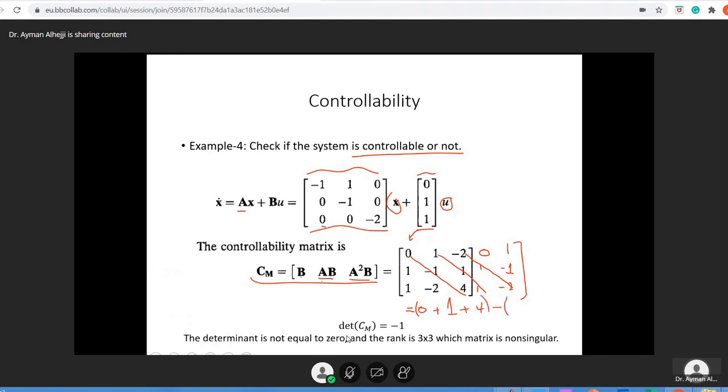Minus, now open a new bracket. Now make the inverse multiplications. -2 times -2 times 1 gives us 2. Here it gives us 0, because 0, 1, minus 2. Here it gives us 4.